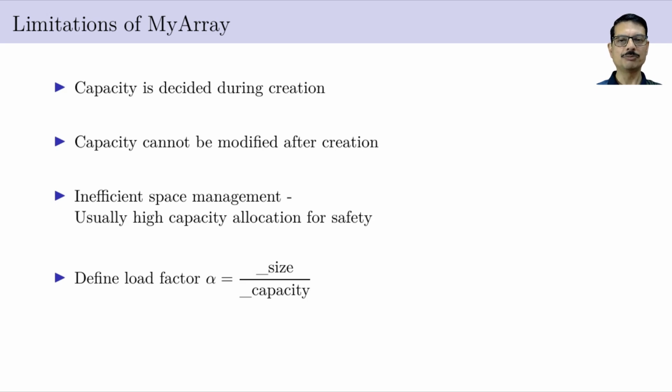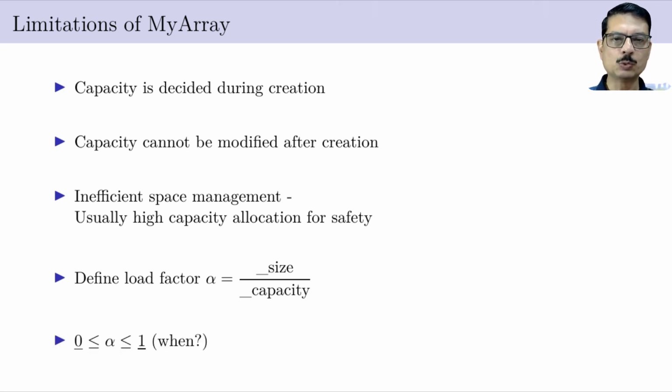Of course, the range of alpha is between 0 and 1, so we would like it to be closer to 1. If we can achieve it, then we would have overcome this particular limitation of MyArray. As I just mentioned, the value of alpha is 1 when the number of elements in the internal array is equal to the capacity of the array.